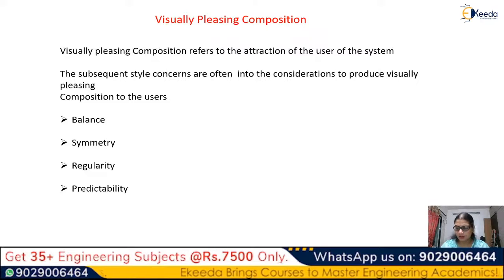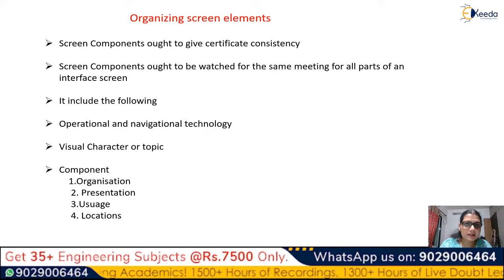That means you arrive at a conclusion by being consistent and following some standard guidelines. Then organizing screen elements. Again, this is how you make your layout a pleasing one, and how to take consistency into account.